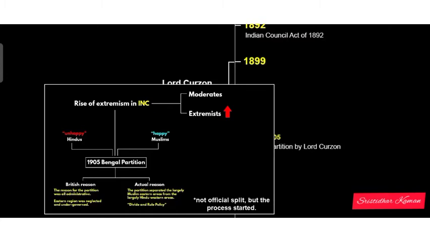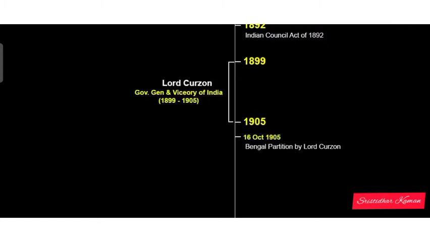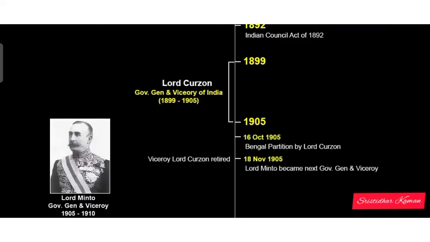If you see, Congress, which always said that it represents all different communities in India, failed to attract Muslim leaders to their sessions. And by the way, after partitioning Bengal presidency, on 18th November 1905, Governor General and Viceroy Lord Curzon retired. After him, Lord Minto became the next Governor General and Viceroy.